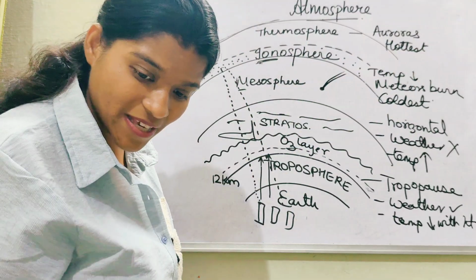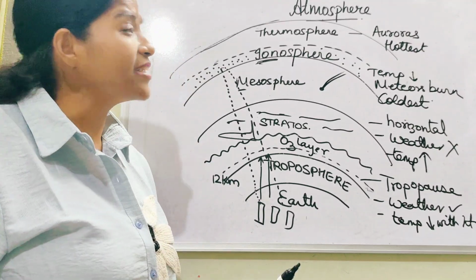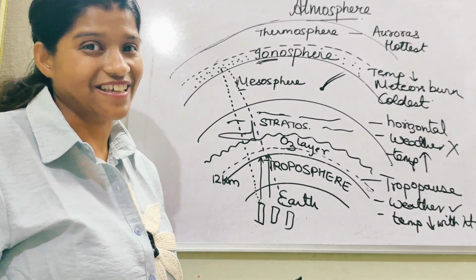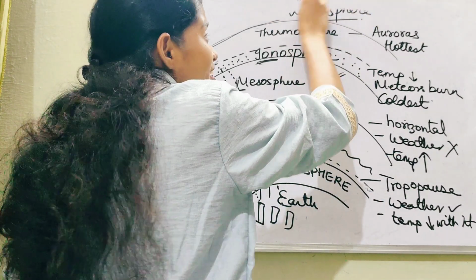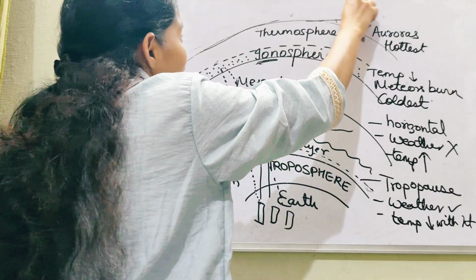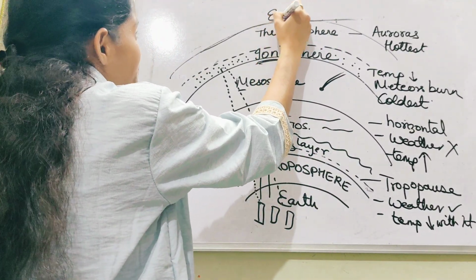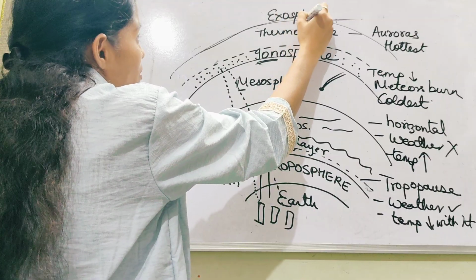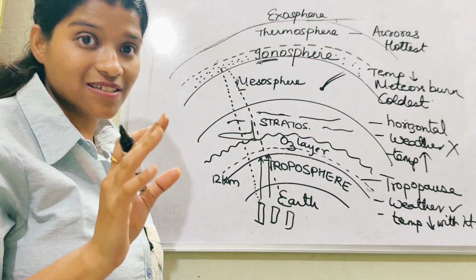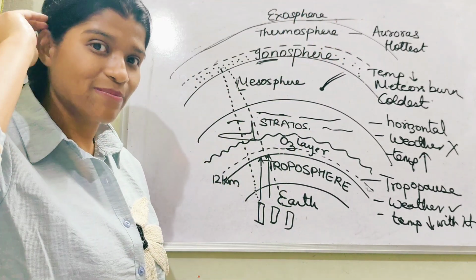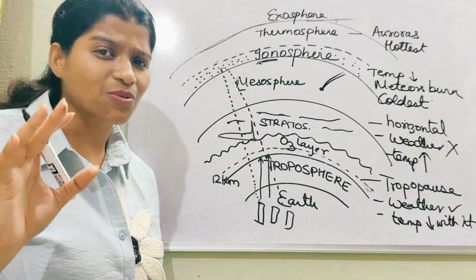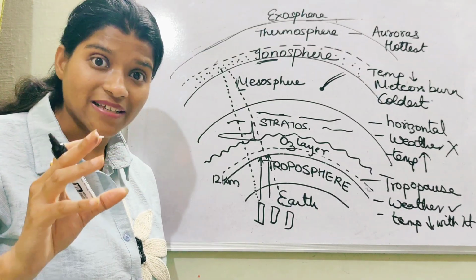Now you must be thinking, why not exosphere is the hottest layer, because exosphere is closer to the sun? Now see, exosphere has got no gases in it. Remember this. Exosphere has got no heavy gases.